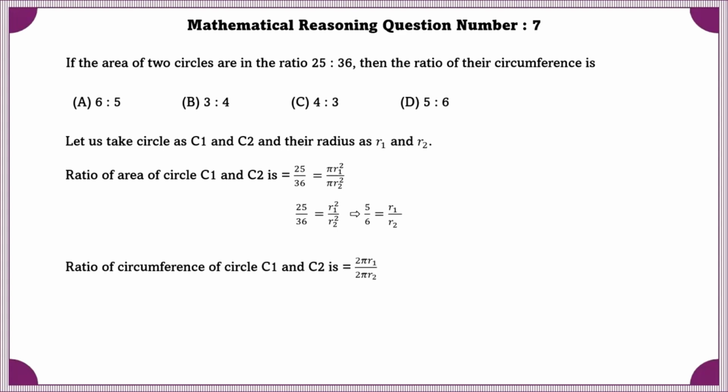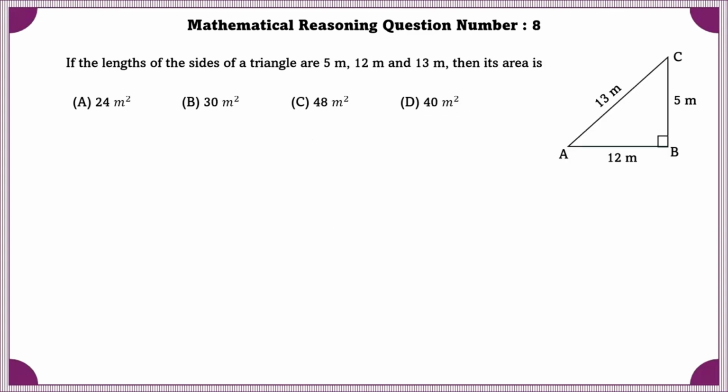Then the ratio of the circumferences of circle 1 and circle 2 is 2 pi r1 by 2 pi r2. We can cancel 2 pi in the numerator and denominator. Then we get r1 by r2, which is equal to 5 by 6. The ratio of the circumferences of circles C1 and C2 is 5:6.